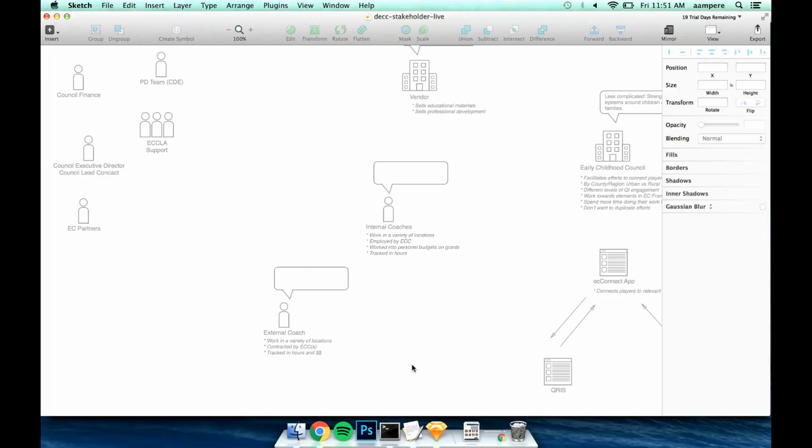Part of this is the need of the councils, because the reason that it seems to me that the dollars are tracked, in particular with external coaches, is because initially councils needed to have that information readily available to know where they were expense-wise.